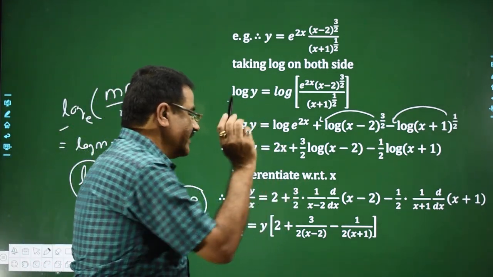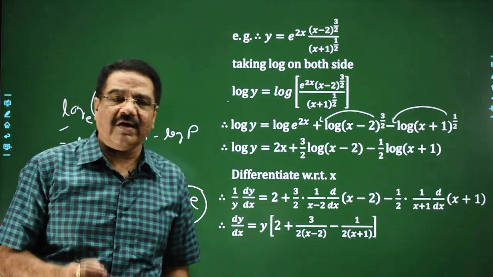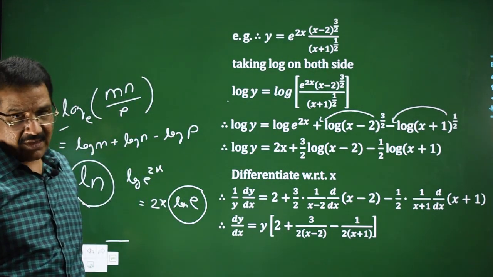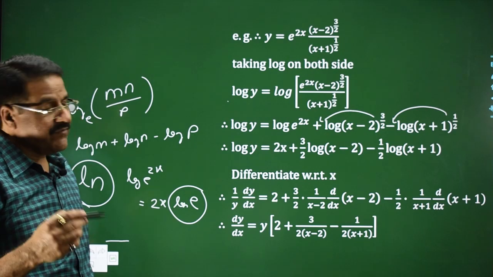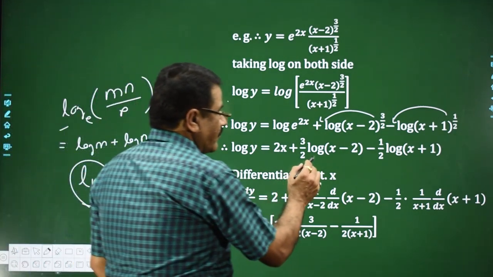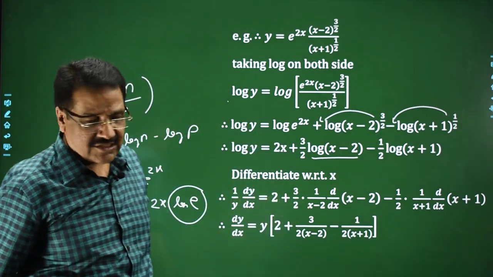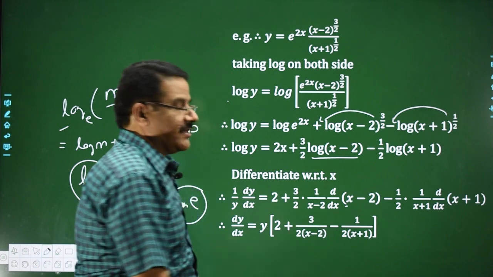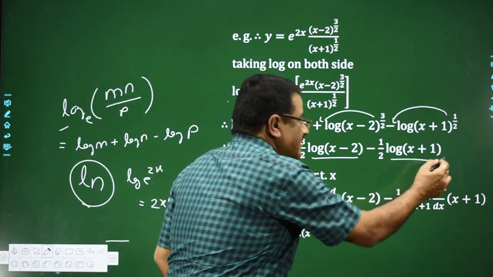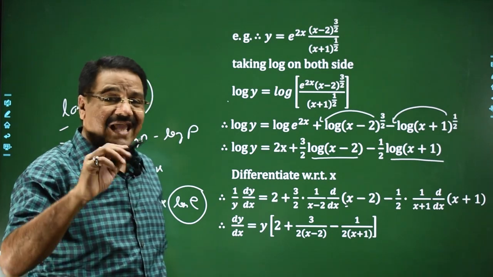So, differentiate with respect to x, again same concept, derivative of log y is 1 upon y, as per chain rule derivative of y is dy by dx. And now here also we have to apply chain rule, that is derivative of log 1 upon x minus 2 into derivative of x minus 2. Here also we have to apply chain rule, because it is log and inside log there is x plus 1.